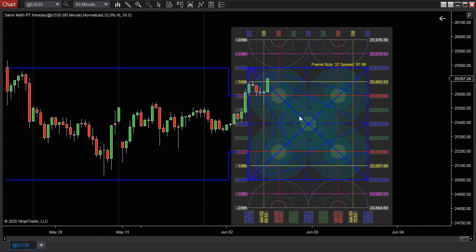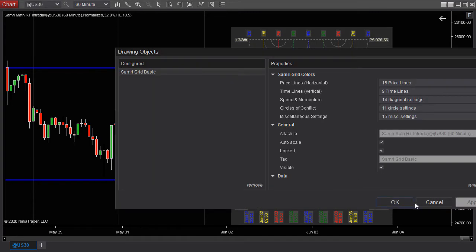Now the default setting is for this grid to appear wherever a frame shift occurs. This is the normal setting. So a frame shift occurs, we redraw our grid at that point, starting where the grid changed, where the trading range changed, the trading frame changed. Another option, not this one.